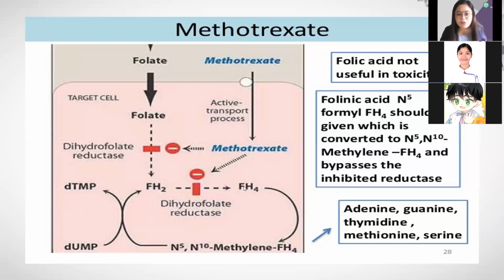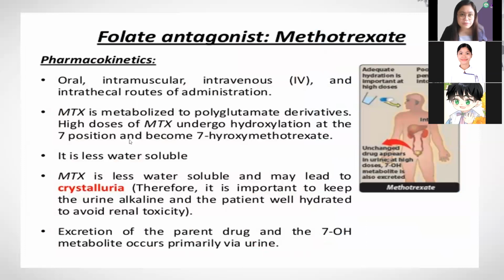Now, FH4, once metabolized, will go back into FH2. But our problem is if there is no dihydrofolate reductase, FH2 will not be converted back into FH4. So there is no folic acid and our cell division will be disrupted.